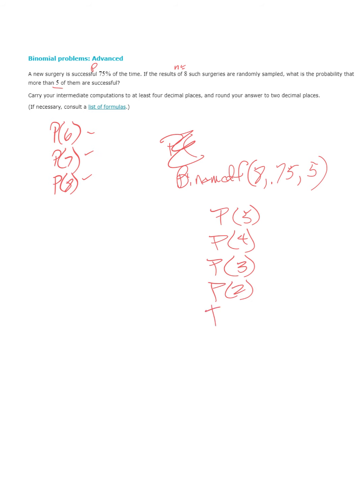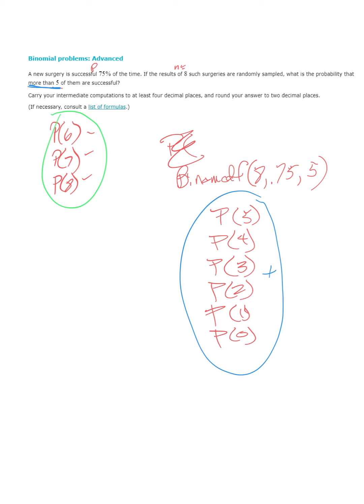It gives them all of those added together, and that's not what you're wanting, okay? What I'm looking for is actually the complement to this, because I'm looking for 6, 7, and 8. More than 5 would be 6, 7, and 8, okay?